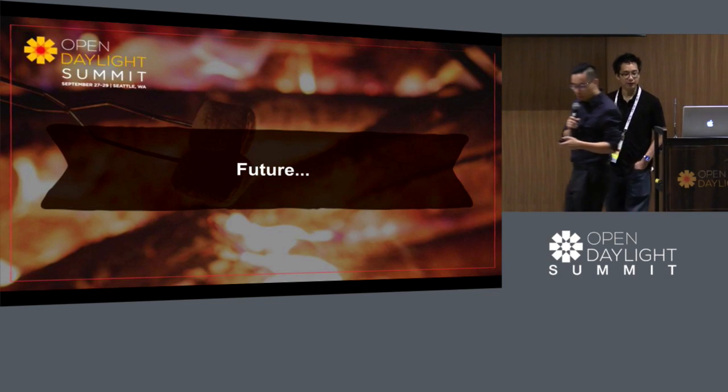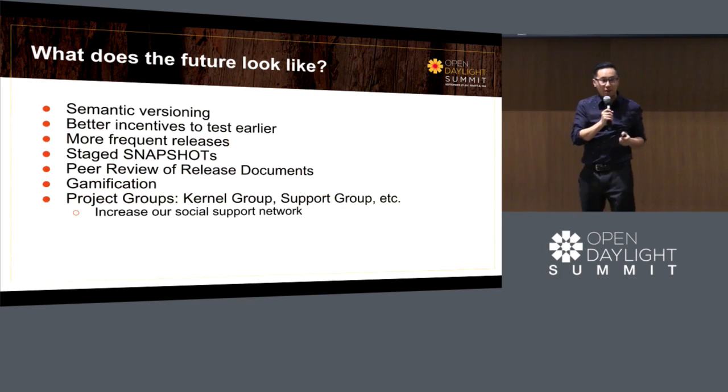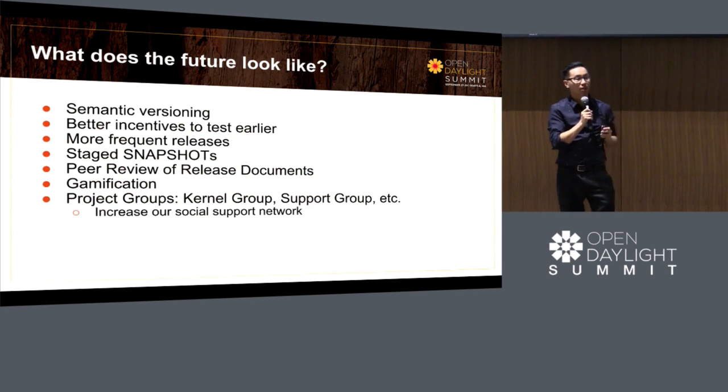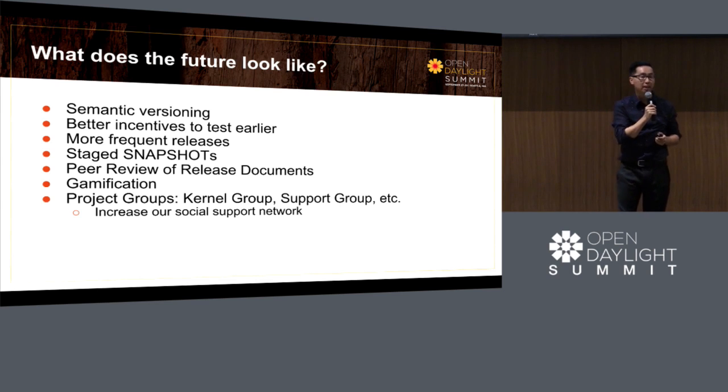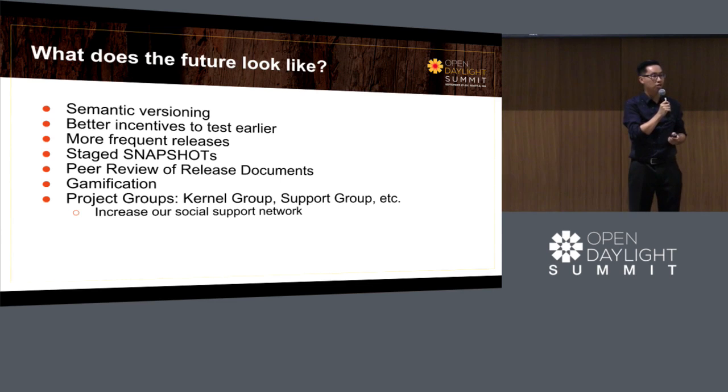Yep, thanks, Tan. As I was talking about the continuous evolution aspect of OpenDaylight, we continue to solicit feedback and try to improve and refine our release process. So what does the future of OpenDaylight hold in terms of release management and release engineering? Well, we're currently in talks to introduce ideas such as semantic versioning, better test incentives, more frequent releases, and staged snapshots.